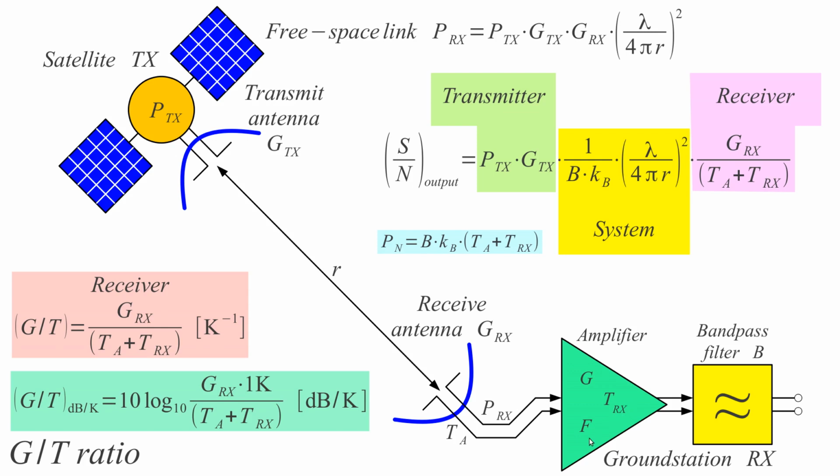But the antenna temperature may not be fixed. If this is a parabolic dish antenna, this noise temperature mainly comes from the spillover lobes, the lobes caused by the spillover of the feed.